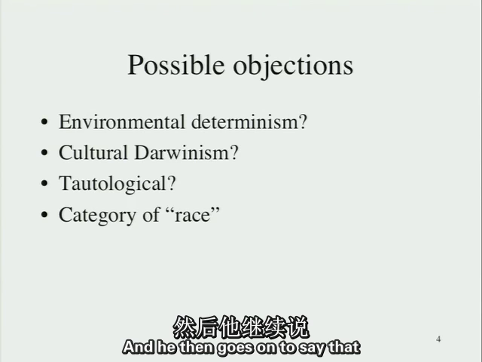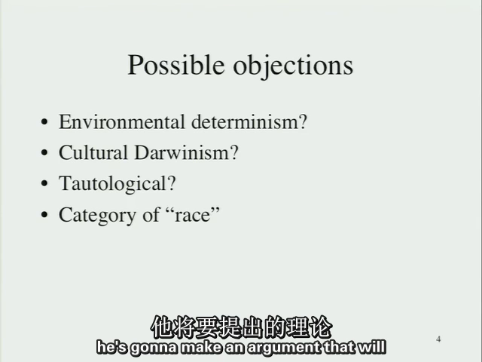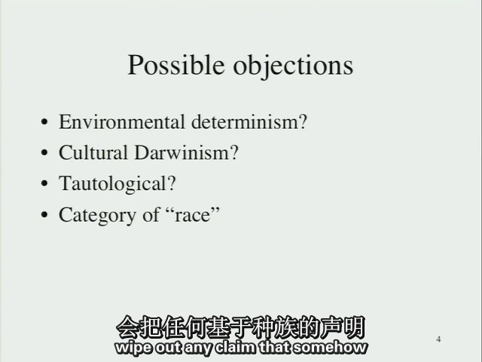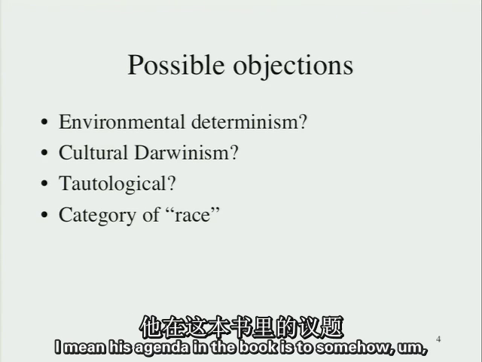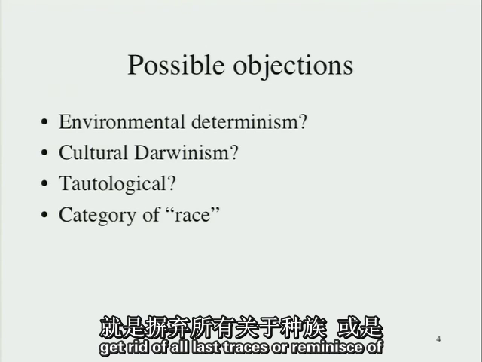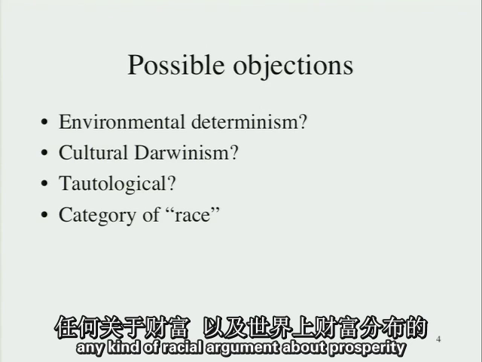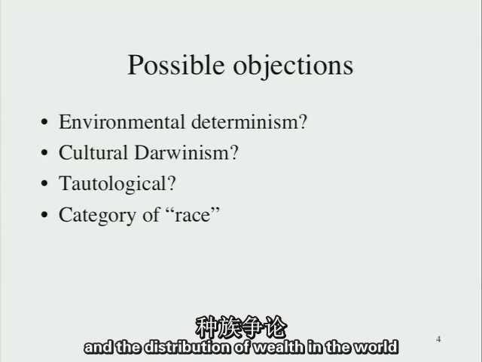And he then goes on to say that he's going to make an argument that will wipe out any claim that somehow this is based in race. His agenda in the book is to somehow get rid of all last traces or remnants of any kind of racial argument about prosperity and the distribution of wealth in the world.